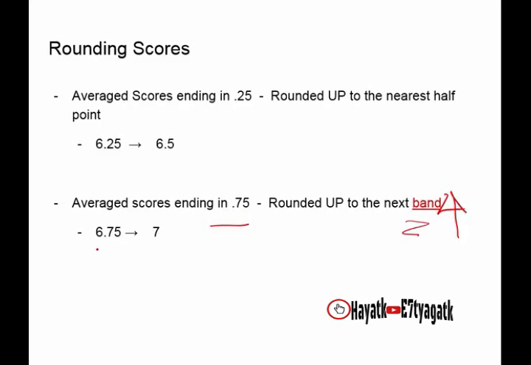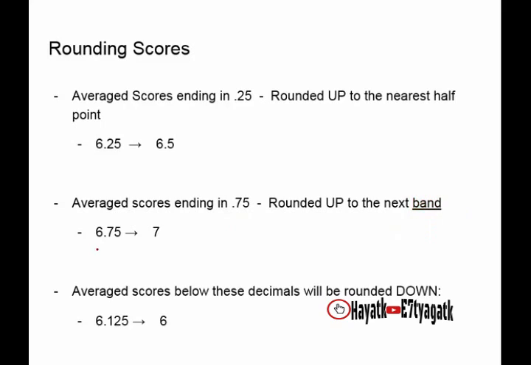A person who gets 6.75 will have their score rounded up to 7. Unfortunately, if your score, after it's been averaged, ends in a 0.125 or lower than the 0.25 that we have up here, then it's going to round down to the band score. So a 6.125 average of all 4 sections would end up being an overall band score of 6.